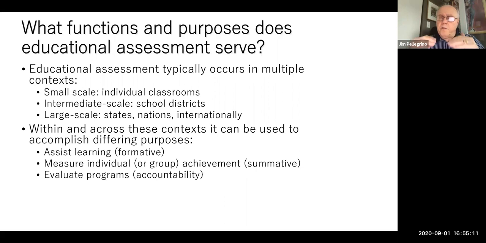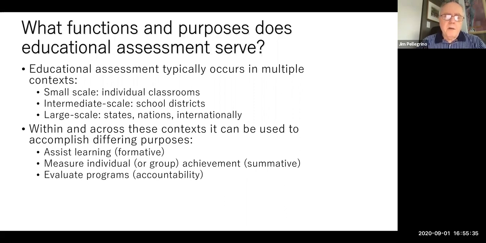But within and across these different contexts where assessment appears and is used, it can actually be used to accomplish differing purposes. One purpose is what we call the purpose of assisting learning, the so-called formative use of assessment. Another is to measure individual or group achievement, the so-called summative use of assessment.